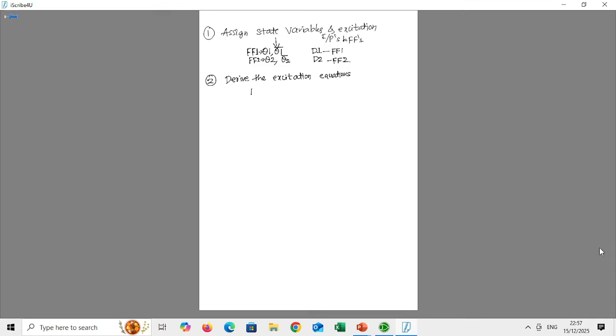Looking at the circuit, we have to write down D1 and D2, the excitation equations, and we also have to write the output equation. There is only one output, so we call it Z. These are the algebraic expressions which define how D1, D2, and Z will be generated.